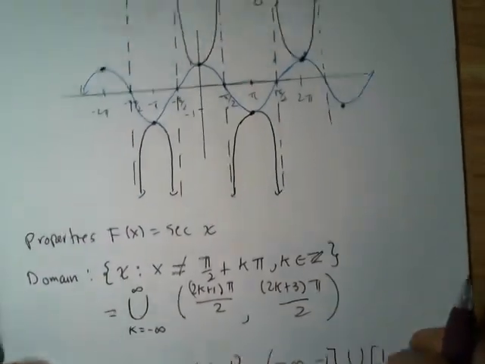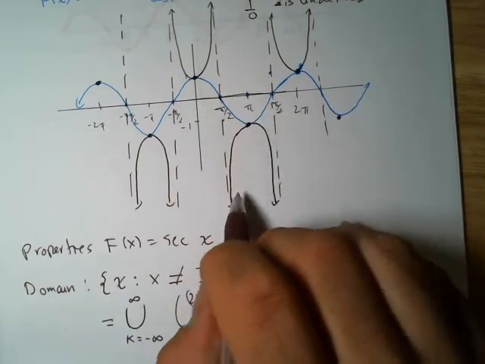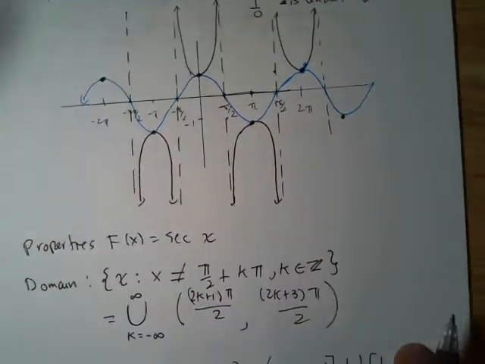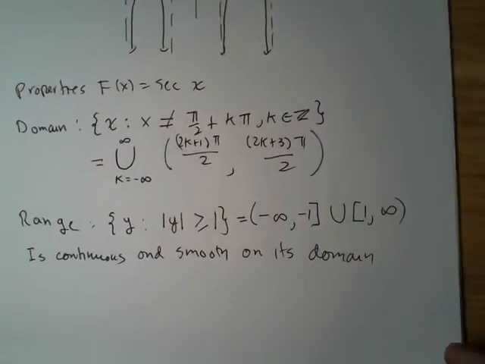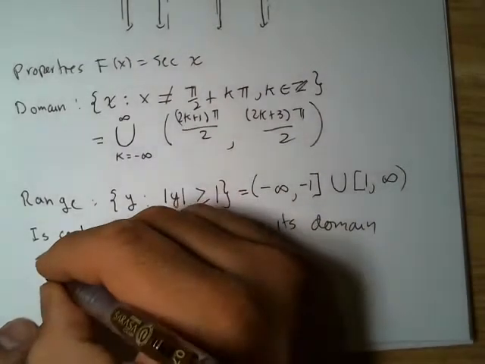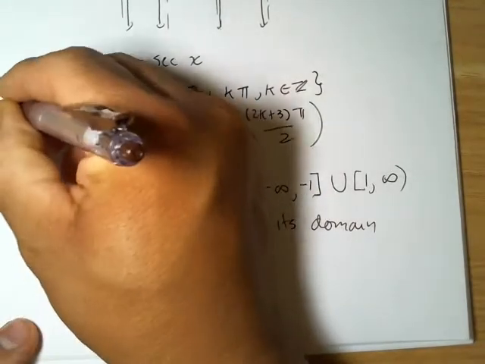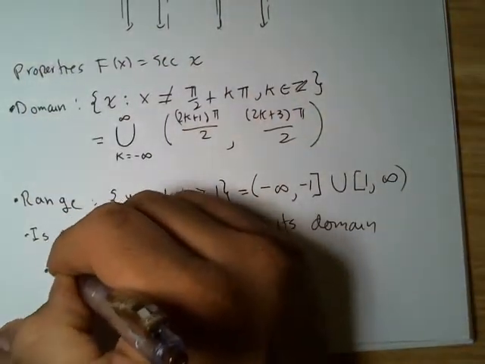Okay, so within negative pi over 2, within pi over 2 and 3 pi over 2, it is continuous and smooth. So there's no corners or cusps or any kind of odd behavior. All right, so it is even. Let's designate these as kind of bullet points. Is an even function.